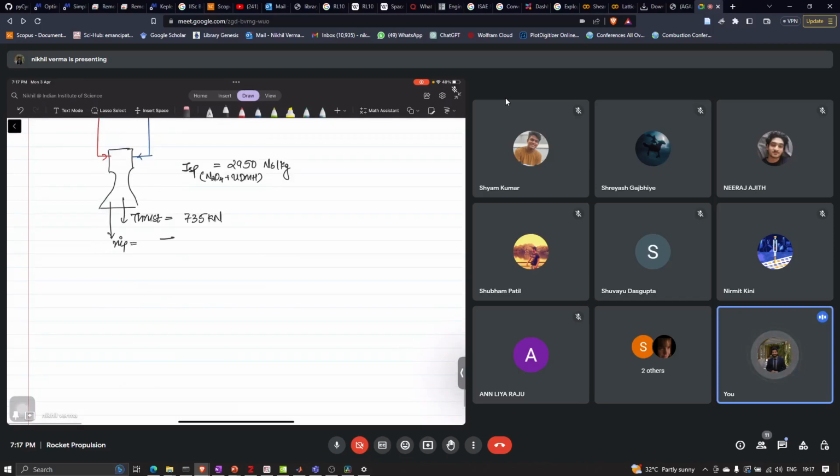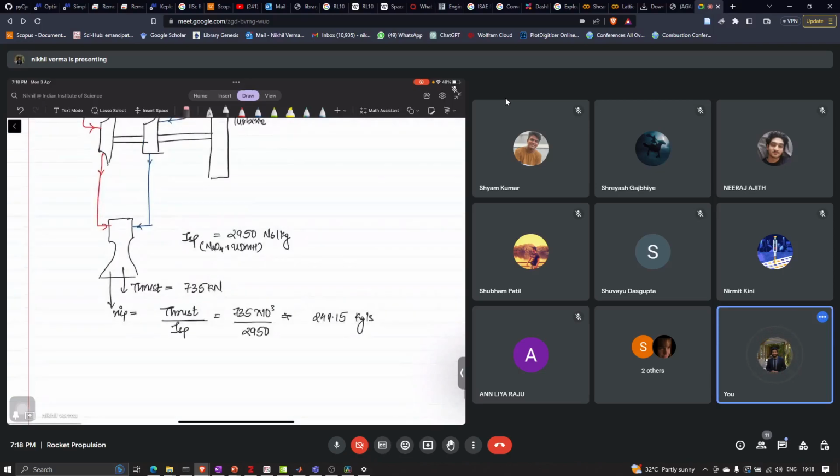This can be calculated as thrust divided by the ISP. This is 735 times 10 to the power 3 divided by 2950. So this will give you the value of 249.15 kgs per second, right?